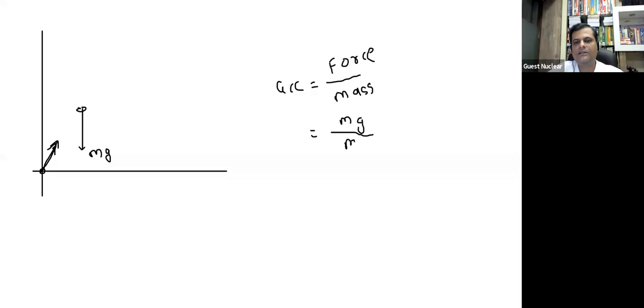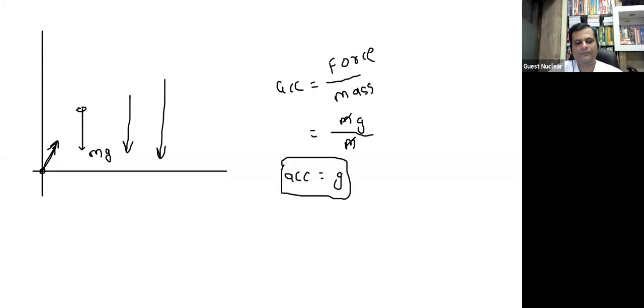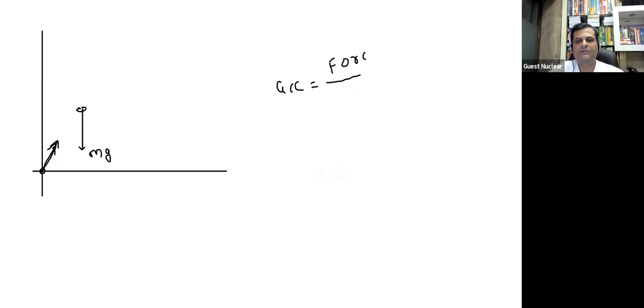So if we divide it by m then m will get cancelled and what we are left with is g here. So here we are going to get this acceleration of the body which is g and obviously we know that the acceleration of the body is going to be in the downward direction, right? At every point the acceleration of the body is going to be in the downward direction and that's why we can say that there is no acceleration in the horizontal direction.